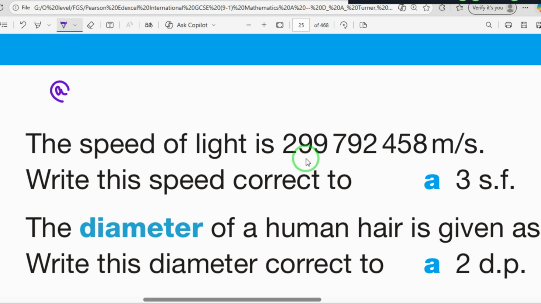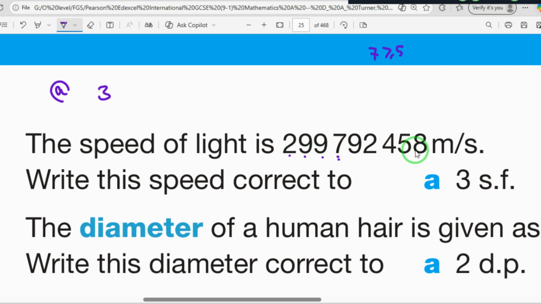In part A, 3 significant figures. We count from left to right, 1, 2, 3. We face with the fourth significant figure, which is 7. 7 is larger than 5. We ignore it and round up, the 9 becomes 10. We write here 0, we have 1 plus 9 becomes 10, we add 0, we have 1 plus 3 plus 2 becomes 3, so we write 3.